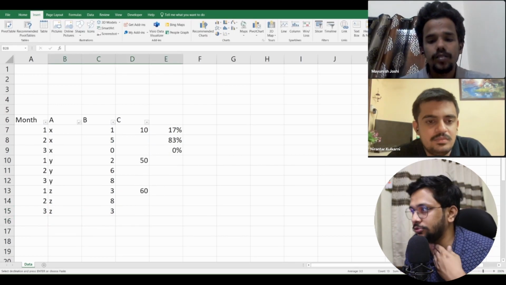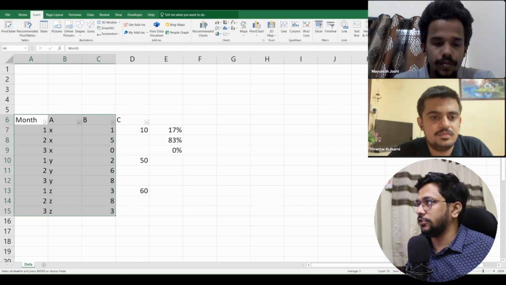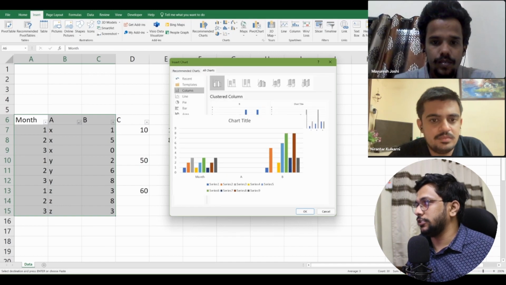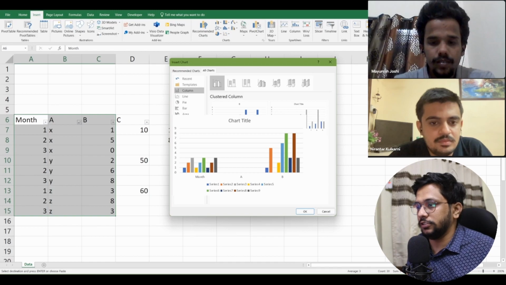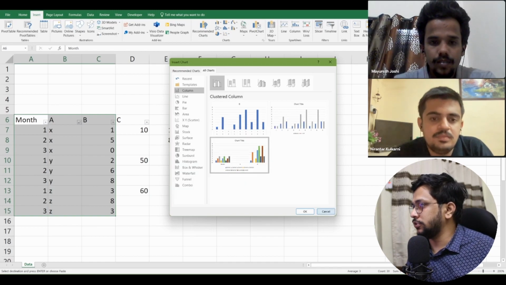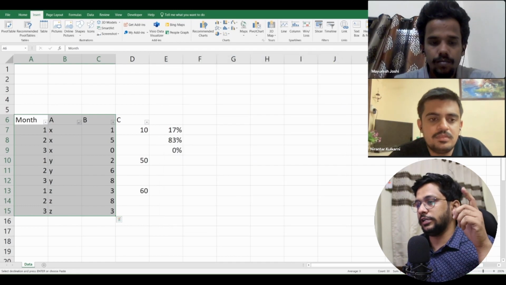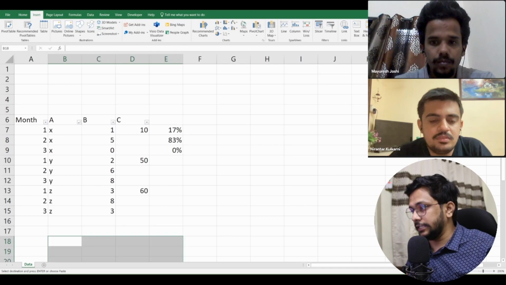So if we just try to insert a chart for this, which is a stacked bar chart, we will get something like this. But this is not an ideal form in which we want to receive this, right? So what we can do is rearrange this data, and with that rearrangement we will create one row for each month and a column for each category, and then Excel will be able to stack that data for us.